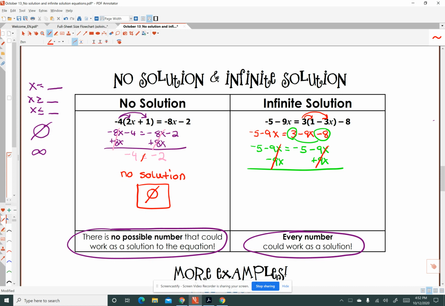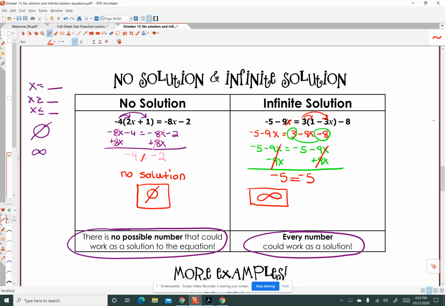And it looks like we got some canceling going on. What we have left is negative 5 equals negative 5. There's my equal sign, which means there are an infinite number of solutions to this equation. That means that I can substitute any number for this x here.